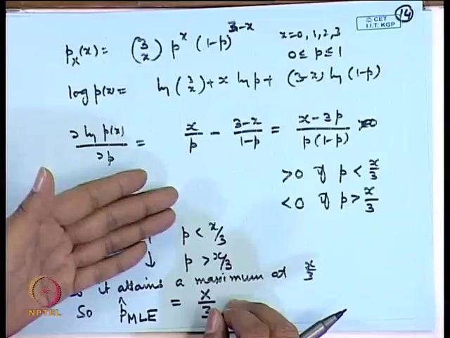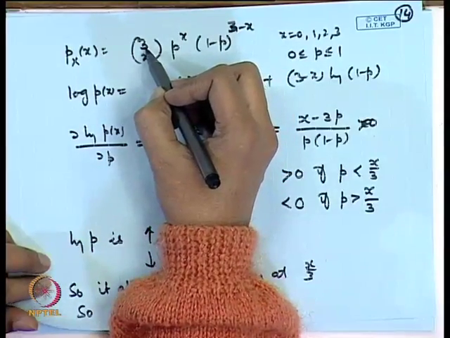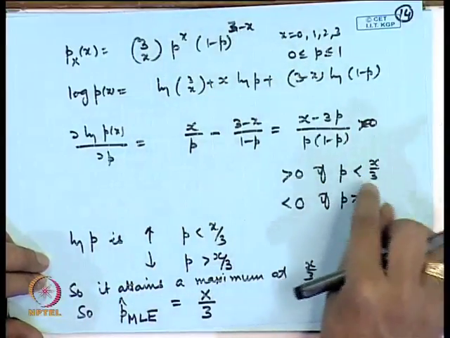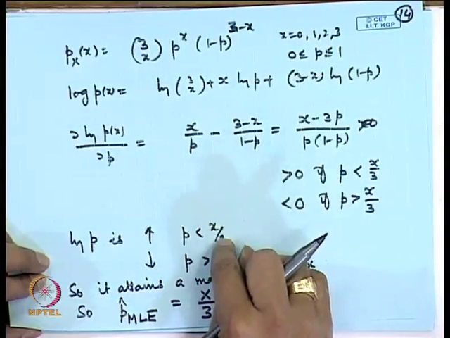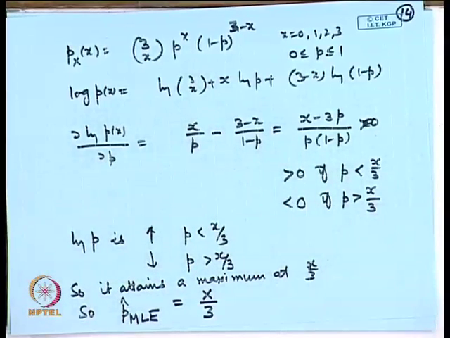So, nothing you can say unreasonable here, and in fact, this seems to be a quite general method now. In place of 3, if I had n here, then the only change would be that I would get x by n, which actually matches your method of moments estimator. It was also an unbiased and consistent estimator.